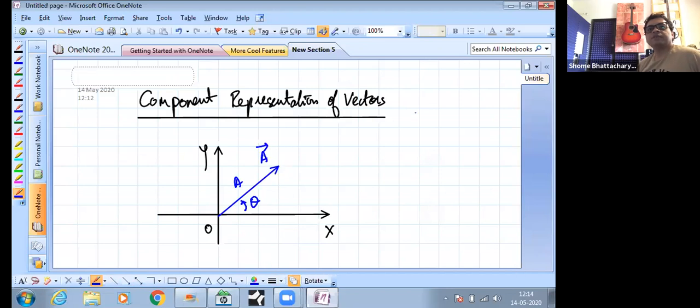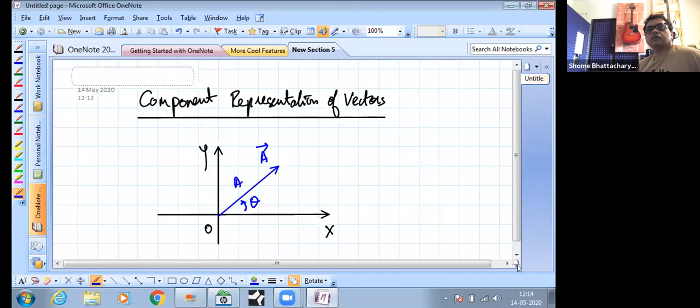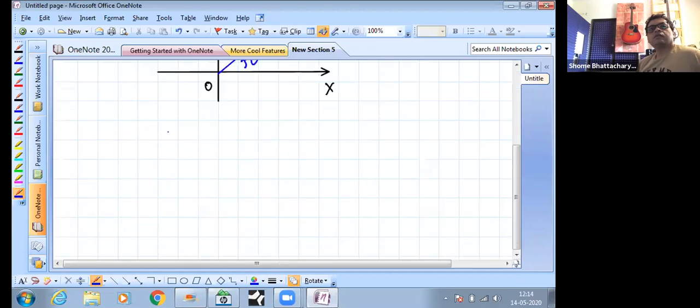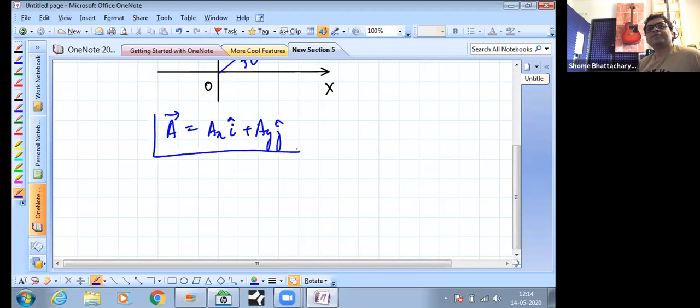this vector is represented by the equation vector E is equal to Ex i cap plus Ey j cap, where we understand that i cap and j cap are what we call standard unit vectors.